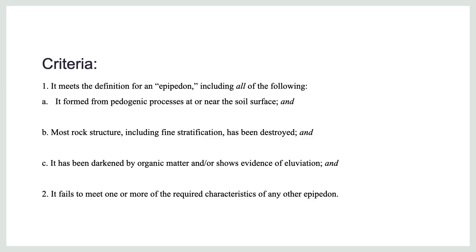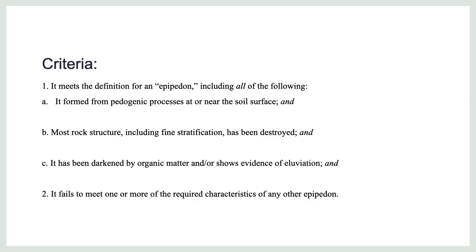So let's see the criteria to identify the ochreic epipedon. First of all, it should fit the definition of an epipedon. And what's an epipedon? An epipedon is formed by surface processes. So human action or primary productivity, organic and biological activity, ash and volcanic ash deposition.